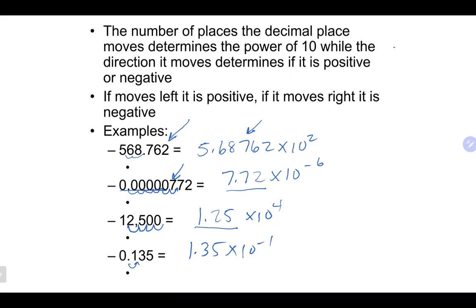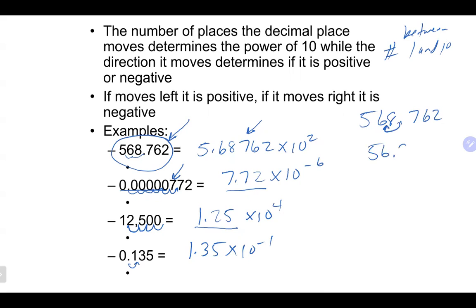Yeah. The goal is it needs to be a number between 1 and 10. So for example, if we were doing this original number here, 568.762, if I move it just one place, technically speaking, I'm now at 56.8762, which is not between 1 and 10.